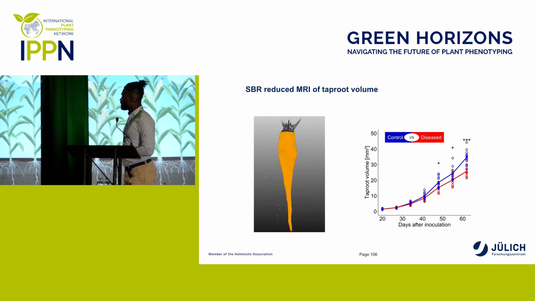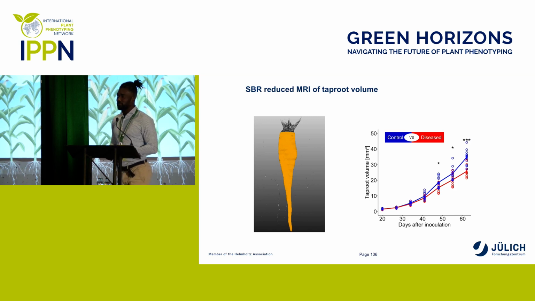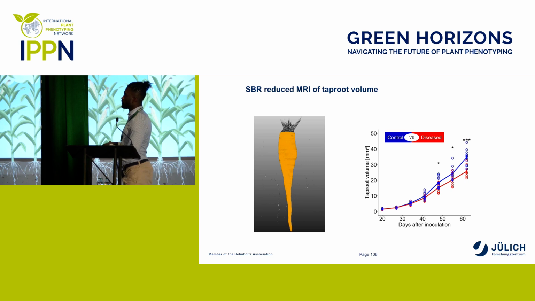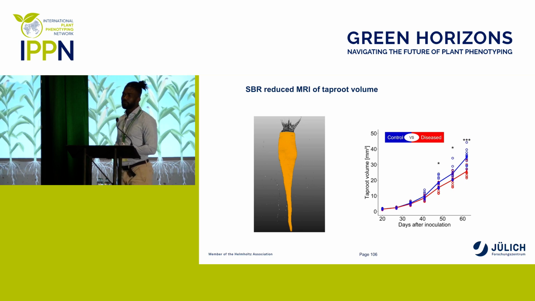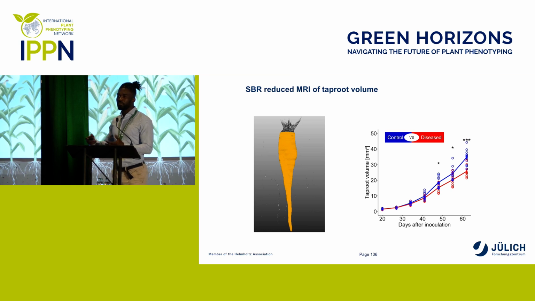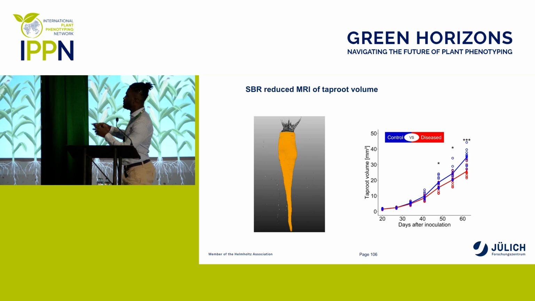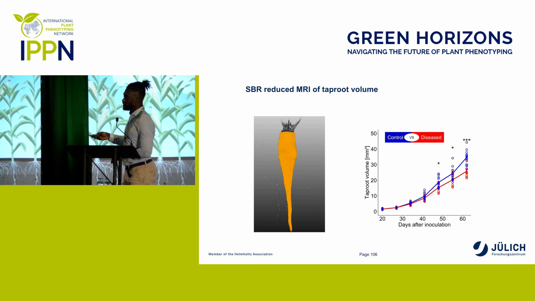More on the structural data, we quantified taproot volume as a direct measure of storage root development. Here, what we did was generate a binary image from the raw data we acquired from the MRI, and then use a median filter to remove all fine structures like lateral roots, and the remaining orange I'm showing here defines the taproot for us.